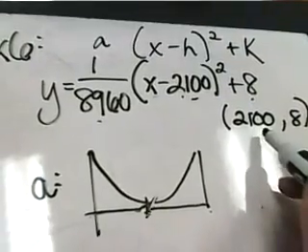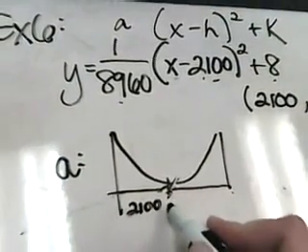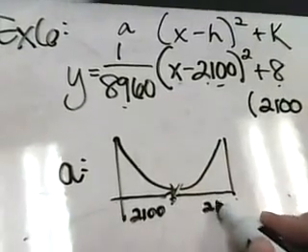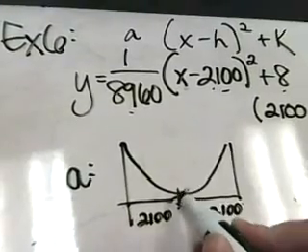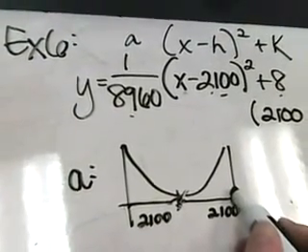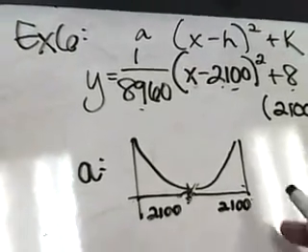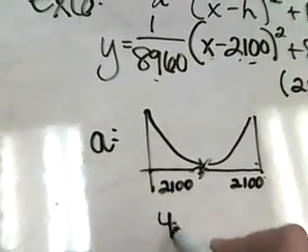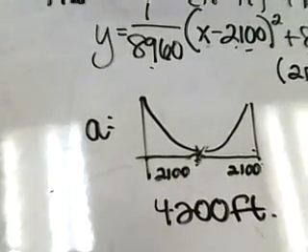Well, my x, remember, is horizontal distance. That means that this is 2100 right here. So that means this is 2100 as well, the distance from here to the vertex and the distance from the vertex to here. Okay, so that whole distance, obviously, is 4200. And in the problem, it said it was measured in feet.